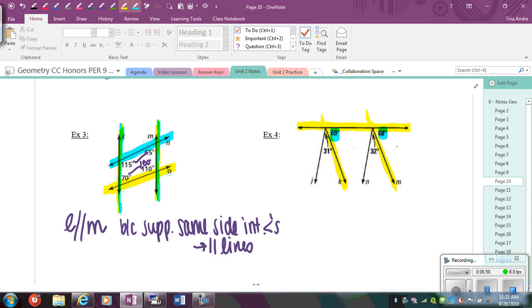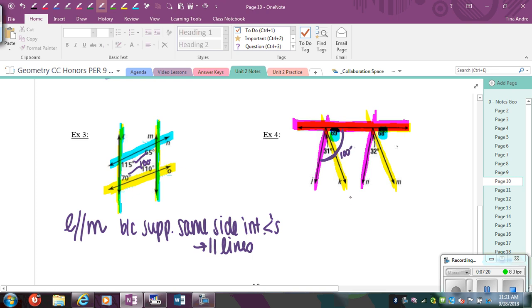Then if I compare this to the next set of rays, and this is my transversal, now if I compare this entire angle, 69 plus 31, that's 100.